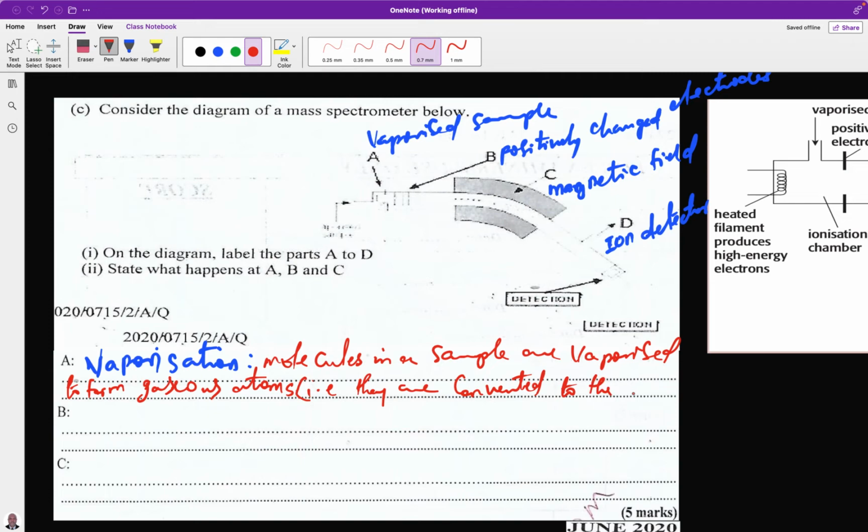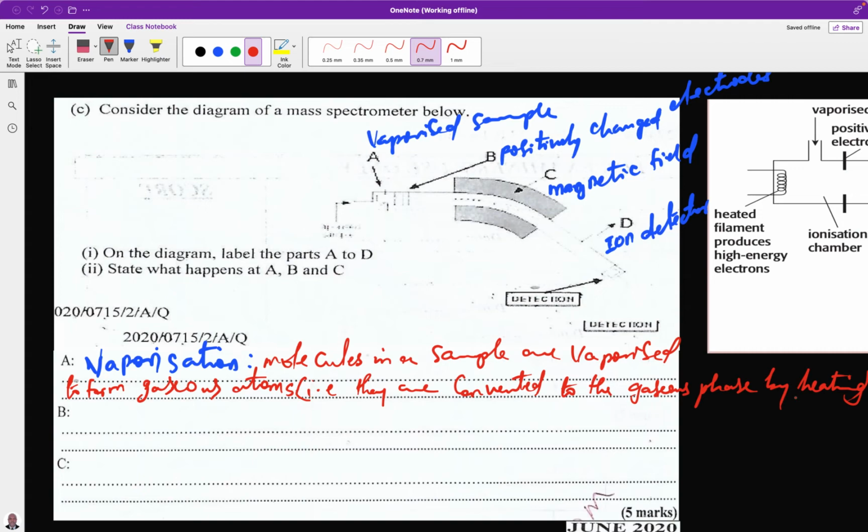They are converted to the gaseous phase by heating. That is just all that you are supposed to state here. The first thing is vaporization. That is the point. They now mention molecules in a sample are vaporized to form gaseous atoms.